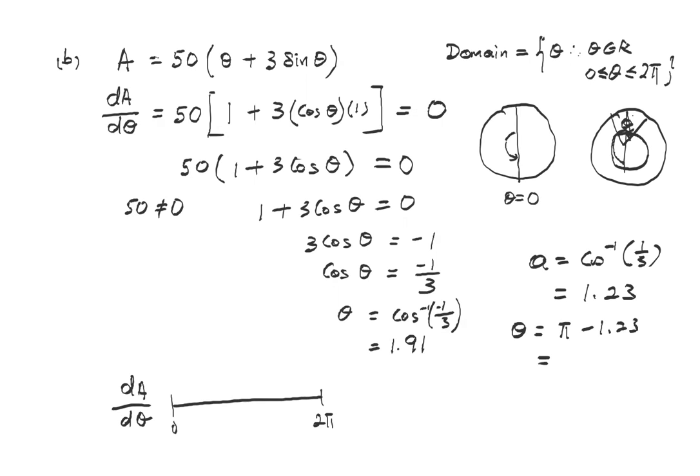So that's why I get pi minus 1.23. So I get 1.91. Okay, then theta in the third quadrant is pi plus 1.23.